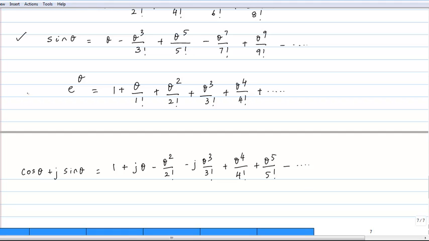And notice what we get if we take the series expansion for e raised to theta and replace theta by j theta.